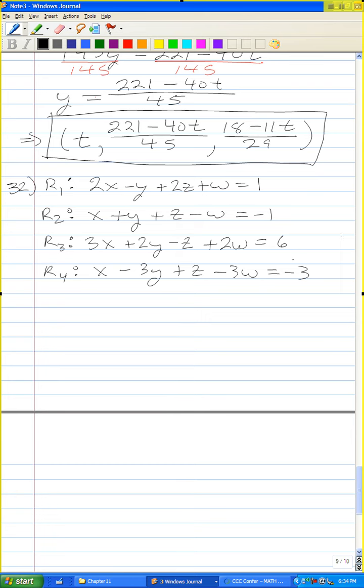Okay, good. Had to check that I actually wrote the problem down correctly. So here it looks like the z's are actually slightly easier to solve for than any of the others. So let's eliminate z. And so let's add R2 plus R3.